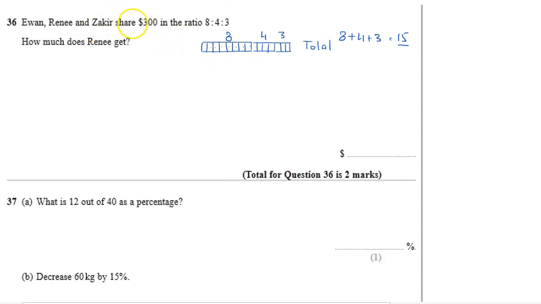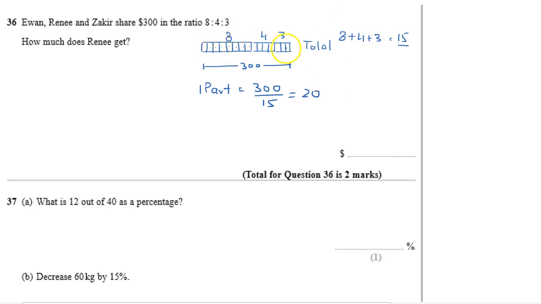Now the total money we have is 300. If 300 is divided into 15 parts, one part is 300 over 15. 15 times 2 is 30, so one part is 20.